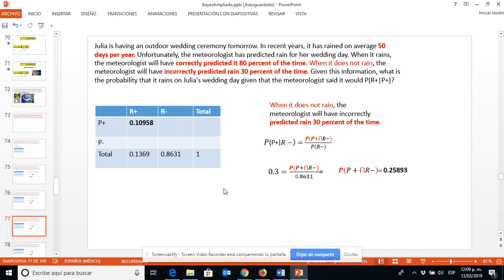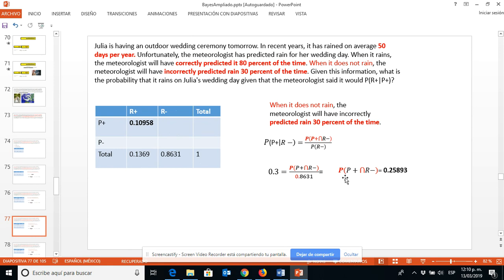We go to the third statement. When it does not rain, the meteorologist will have incorrectly predicted rain 30% of the time. Or we can also say the probability of P plus given R minus equals the joint probability of P plus and R minus divided by the probability of R minus. The joint probability is not given, but we can calculate it with simple math.